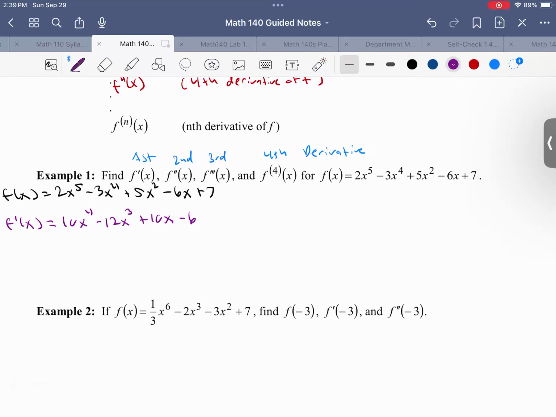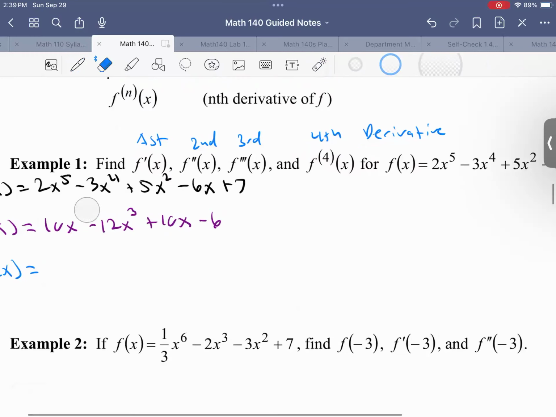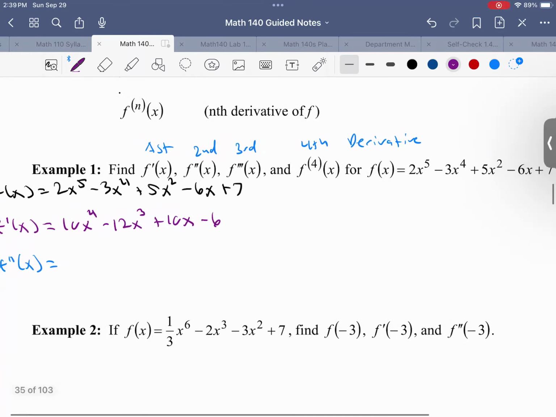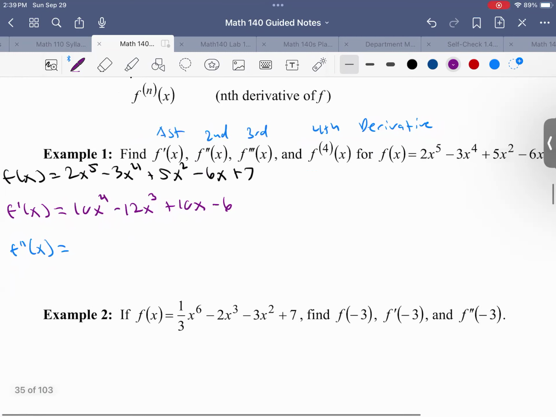And so the second derivative, we're going to write with those two little apostrophes. That means double prime, that means second derivative. If we take the second derivative this time, we're just going to take a derivative of the derivative, which is just the power rule all over again.